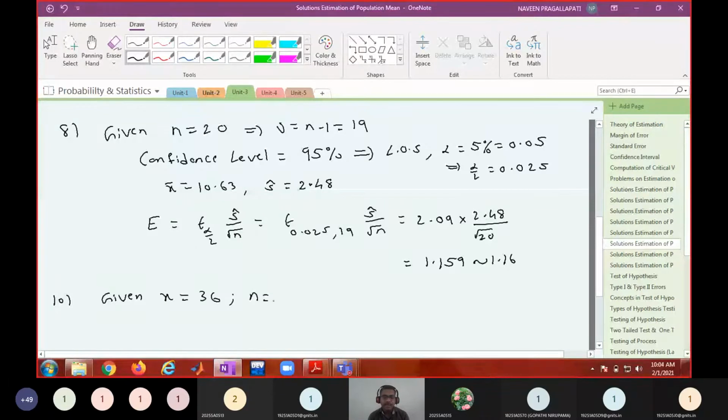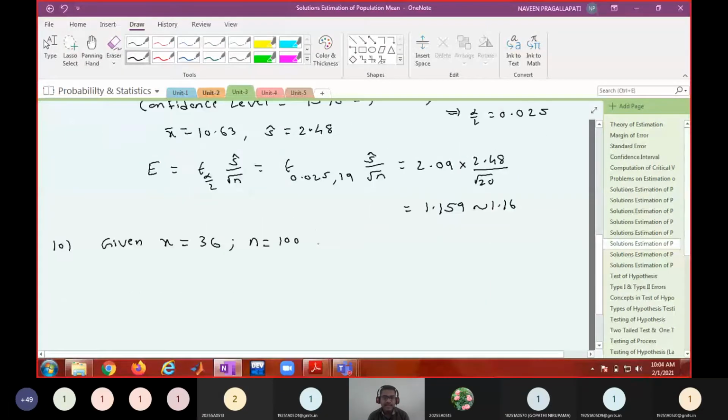This implies p equals x by n equals 36 by 100, and q equals 1 minus p equals 1 minus x by n, which is 1 minus 36 by 100, that is 64 by 100.